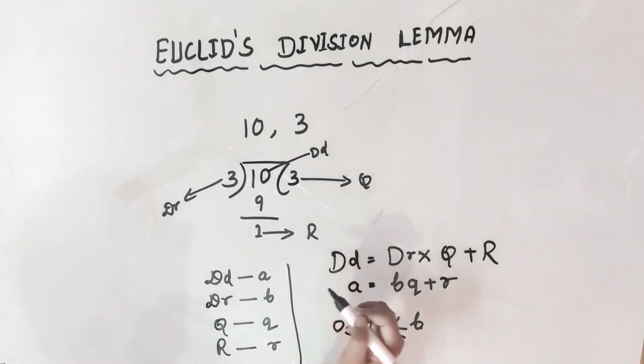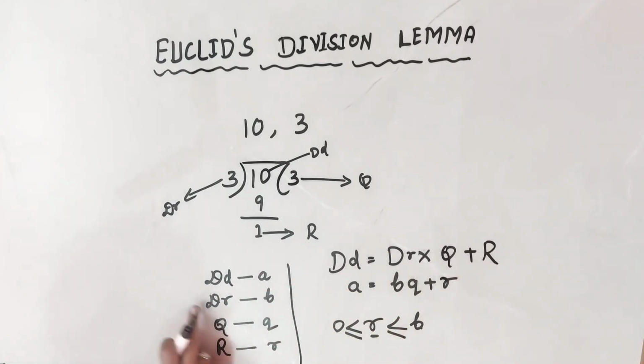What is the relation we are using in Euclid's division lemma? Now I hope you understood.